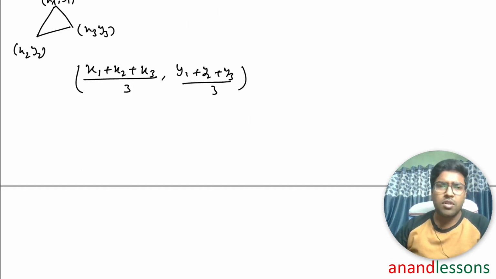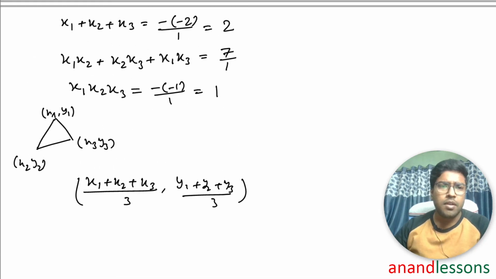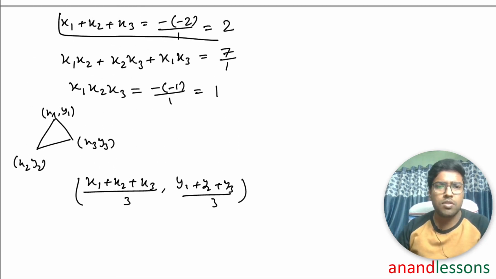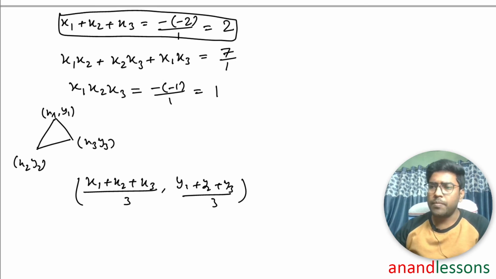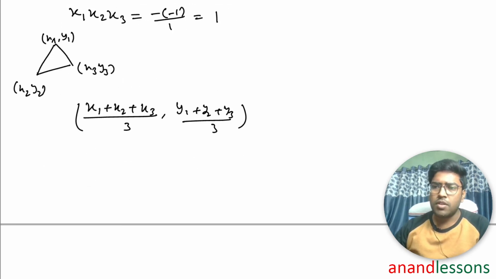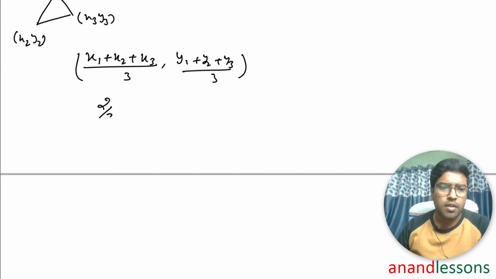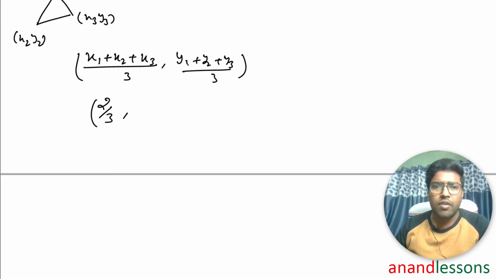So the x coordinate is pretty clear: x1 plus x2 plus x3 is equal to 2, so this will be 2 by 3. The only thing left is the y coordinate of that centroid. So what will be y1?